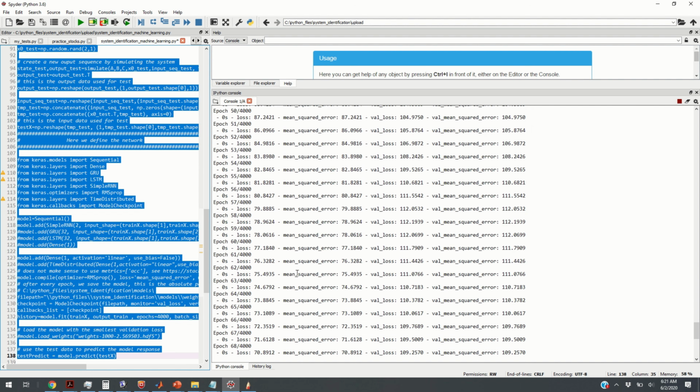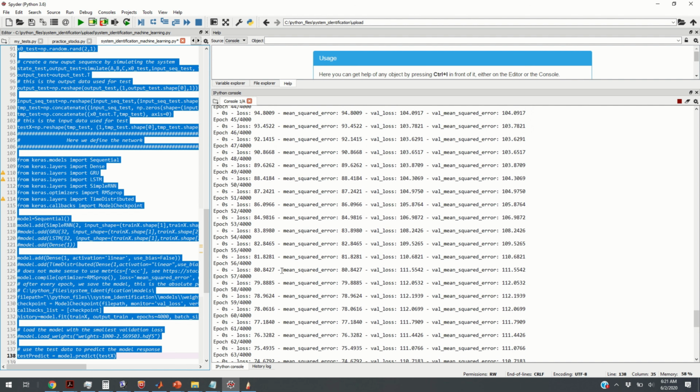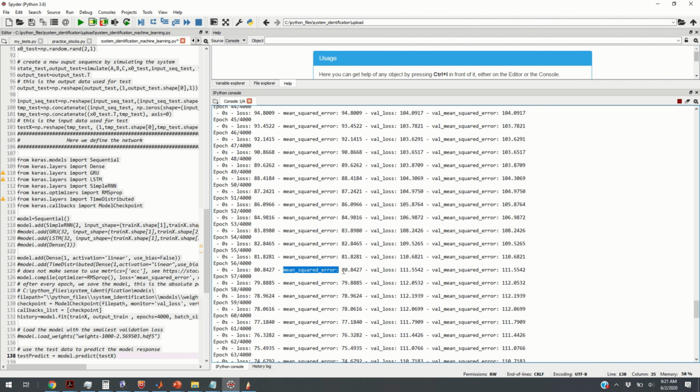You can see what is being measured. It's the mean squared error, the value of your training mean squared error. Here you have validation loss, and you have validation mean squared error. At the same time you have loss. So these losses are more or less equal.